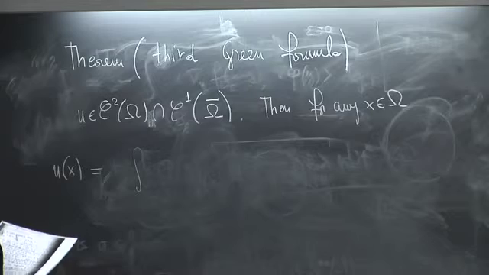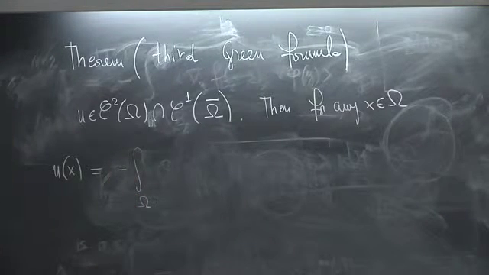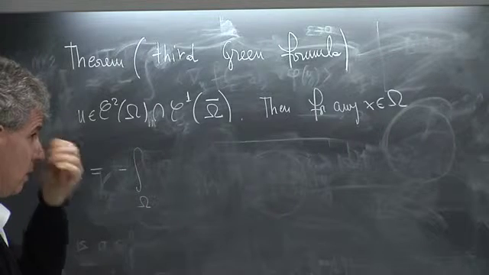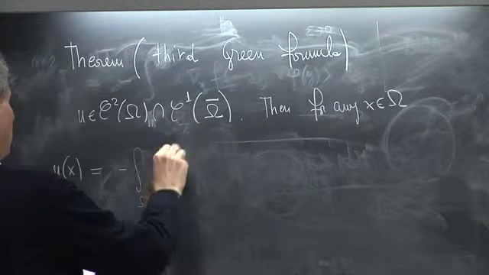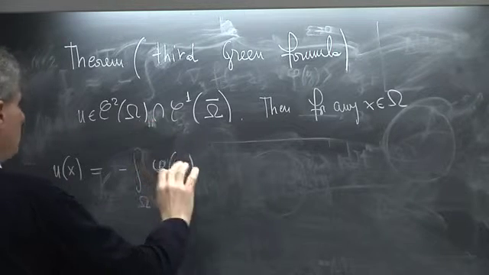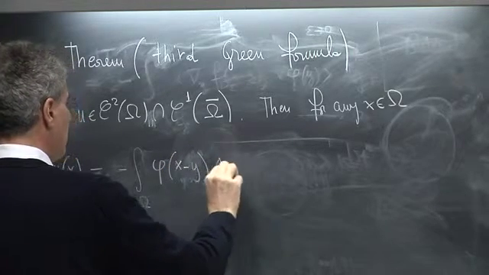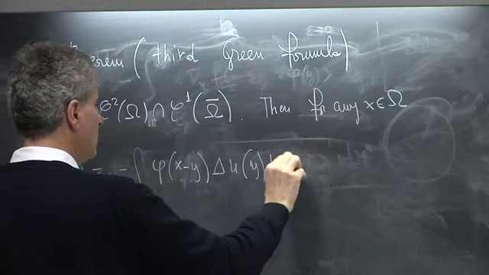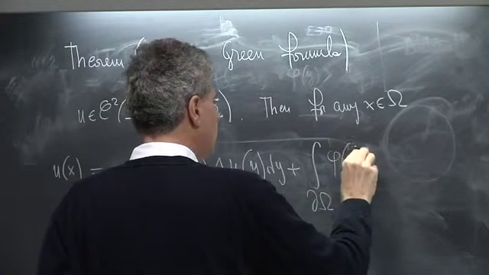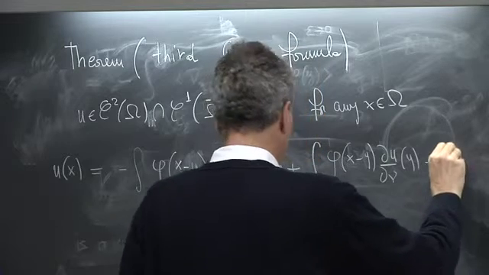So I have first a volume integral that maybe I write here, phi of x minus y times Laplace of u of y dy, plus the integral over the boundary of omega of phi of x minus y du over d nu minus u.